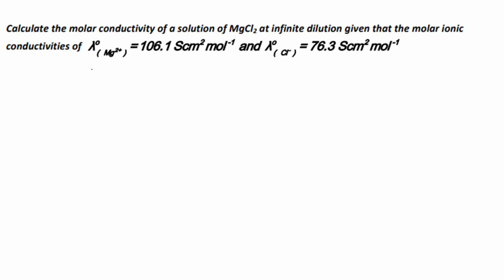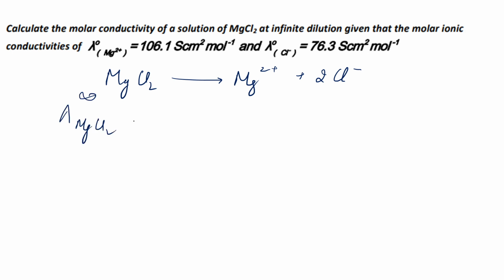So, as we understood, MgCl2 on dilution will convert into Mg2 plus and 2Cl minus ions. So at infinite dilution, lambda MgCl2 will give us lambda Mg2 plus at infinite dilution plus 2 times lambda Cl minus at infinite dilution.